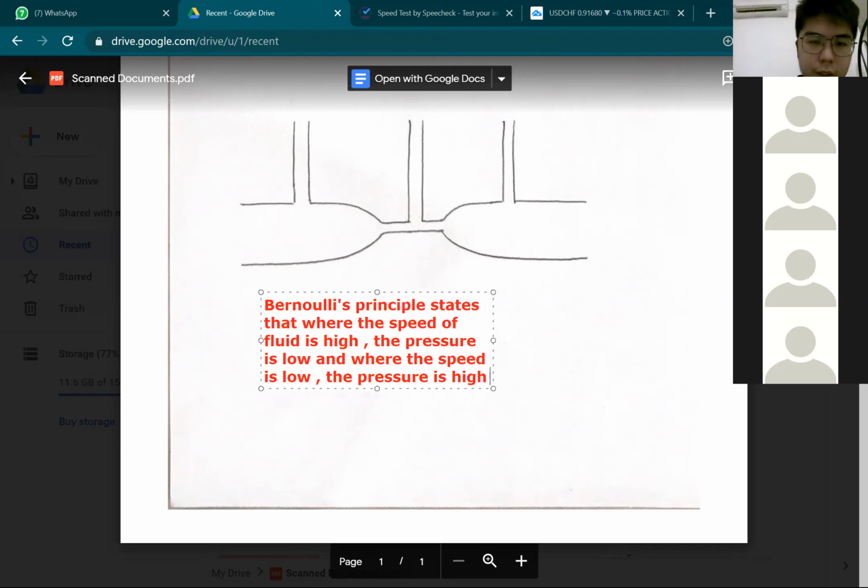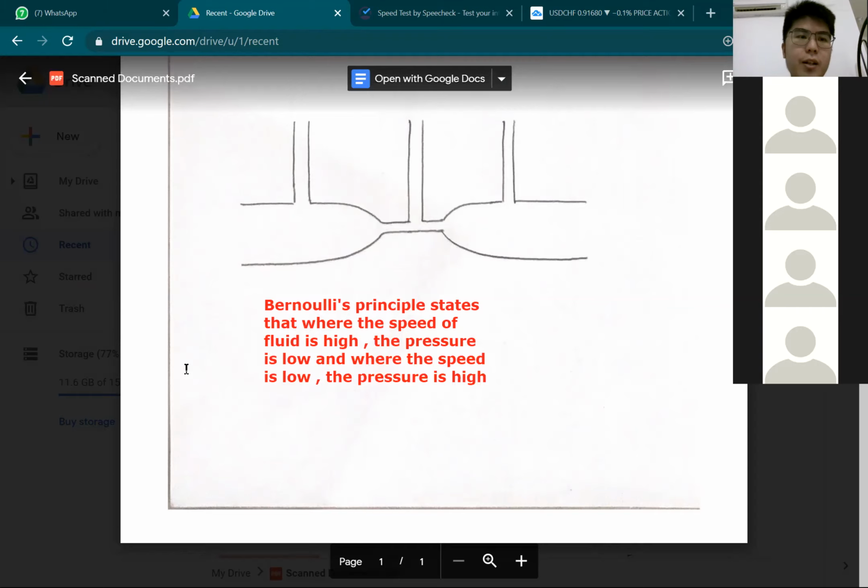Bernoulli's principle states that where the speed of fluid is high, the pressure is low, and where the speed is low, the pressure is high. And this not only applies to water, it also applies to gases.